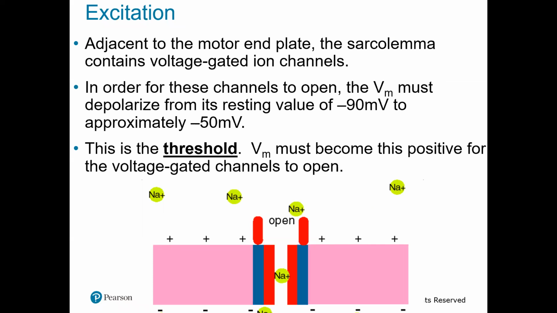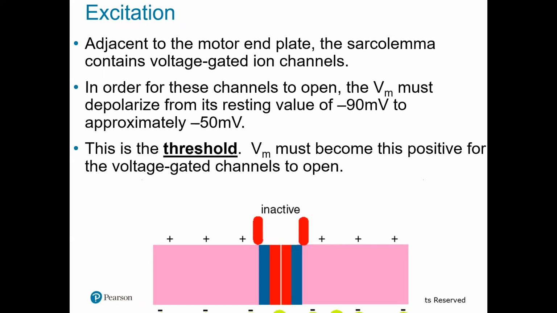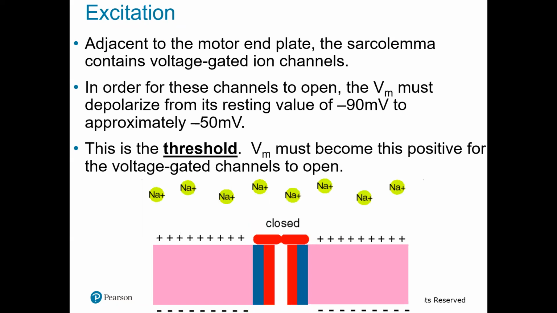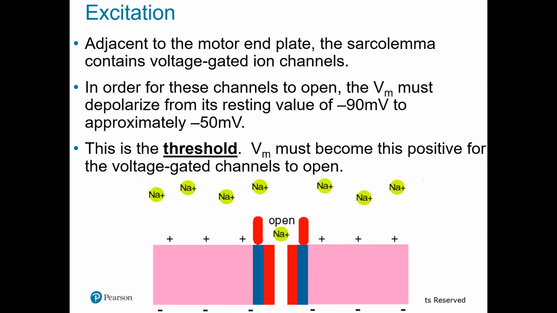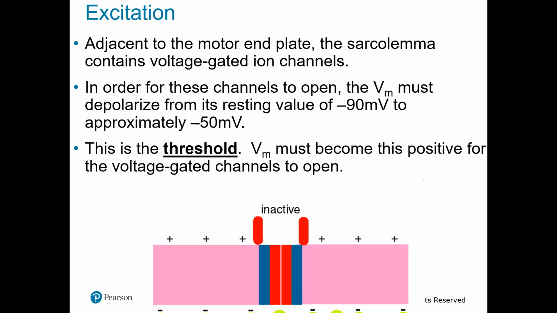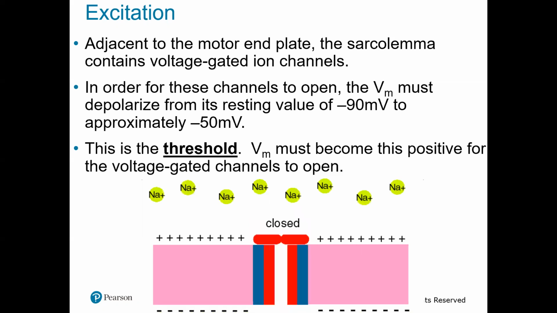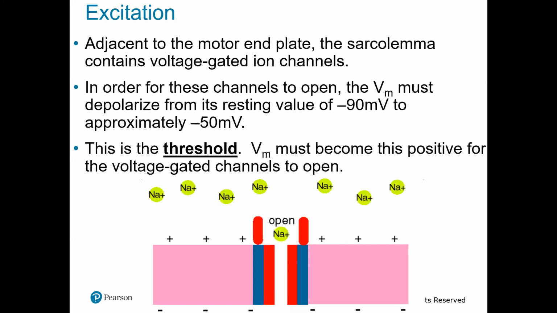Now what will happen is at the motor end plate, acetylcholine drifts across, lands on the ligand gated channels for sodium, and they open up and sodium comes in and starts changing the charge on the membrane. It's normally at minus 90 millivolts, but it will become less negative as more and more sodiums come in. Remember, sodiums are positively charged.